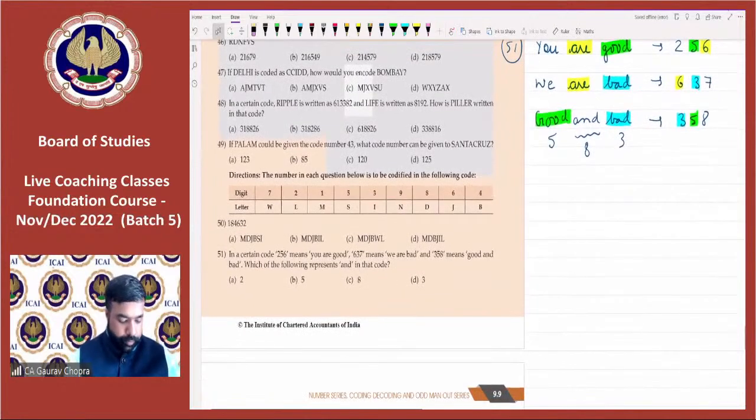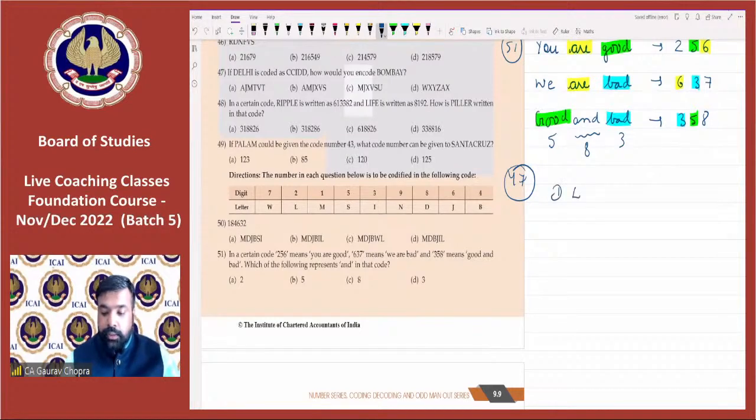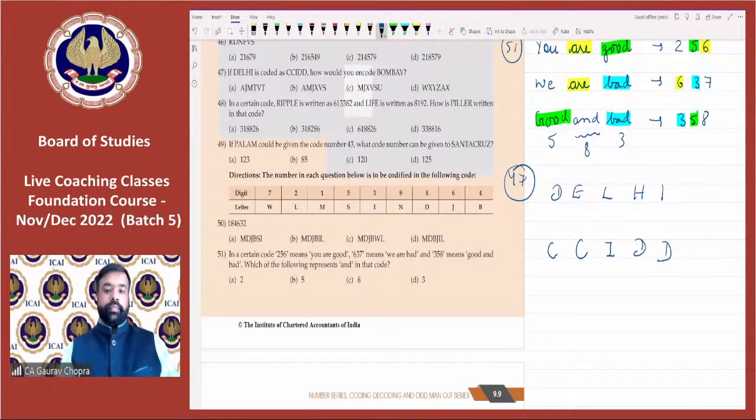Then they were asking for 47. Let's do 47. Delhi is coded as CCIDD.